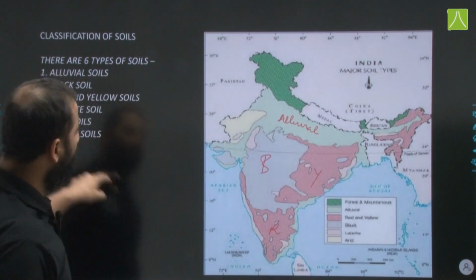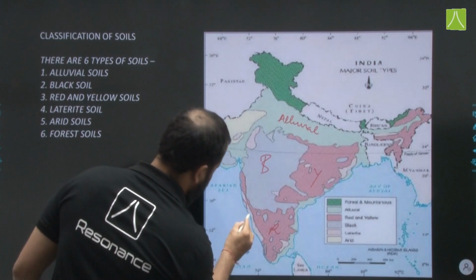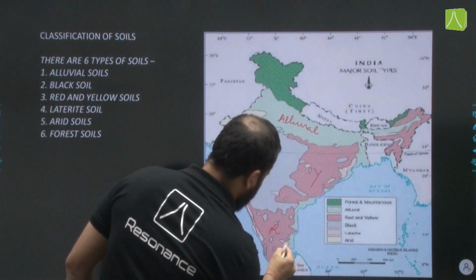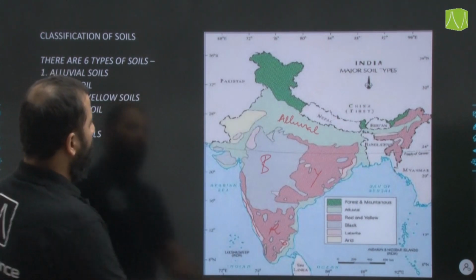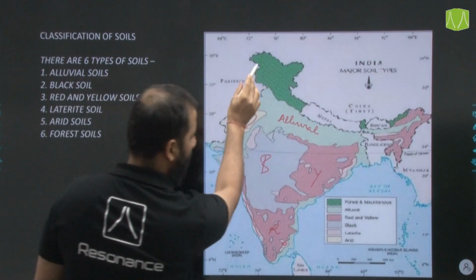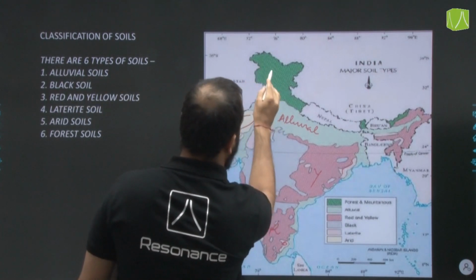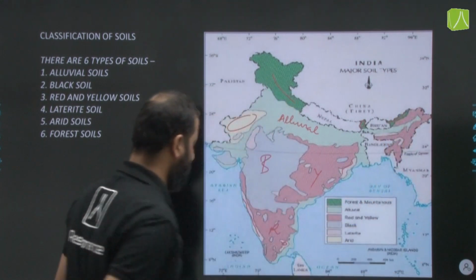Then we have laterite soil, you can find it in these regions, somewhere here, here. Then arid soil in this region, and forest soils are here, forest and mountain soils in this region.